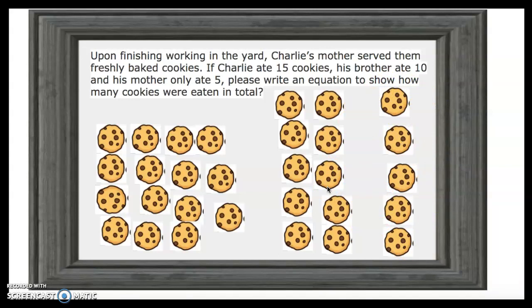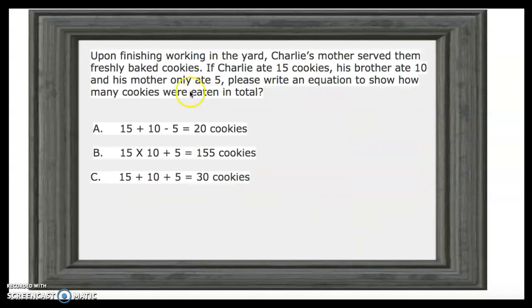So I can look at the story problem and think, well, I'm probably not going to subtract, I'm probably going to add, because it's asking how many cookies were eaten in total. And that's going to give you an idea of what you're going to use to solve the problem.